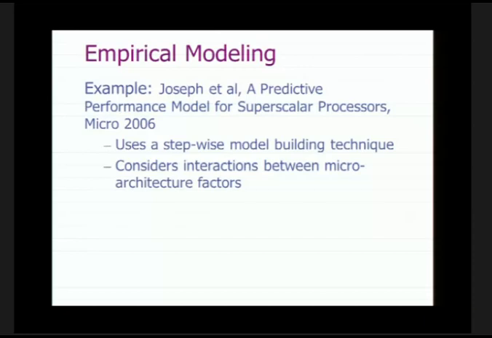Interactions between factors. The net effect is that it's possible to build models which have error comparable to the error generated by the simulator which was used to generate the data, in the 2% error type situation. So increasingly this is being used in certain settings.